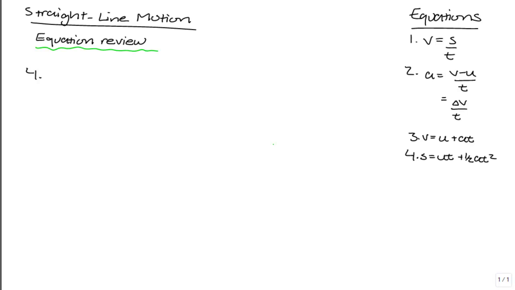We can also calculate the acceleration of an object if we know the final velocity, initial velocity, and the time that the change in velocity took place over. We can calculate the final velocity, v, once we know the initial velocity, u, the acceleration, a, and the time, t.